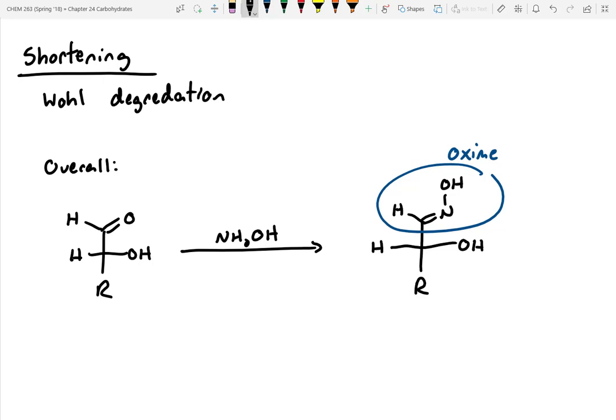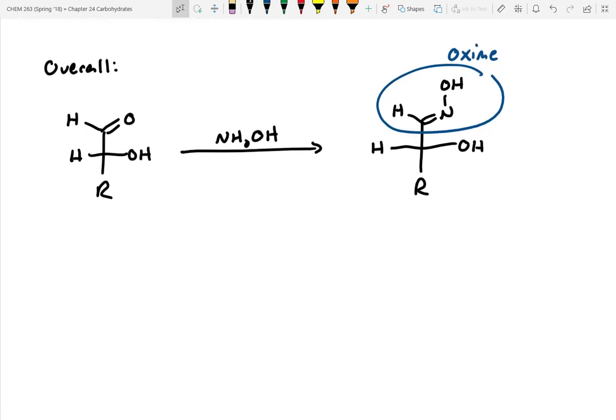And then in the next step, after we've formed that, we're going to treat this with acetic anhydride, and sodium acetate and acetic acid. So a big mixture of all of these things.